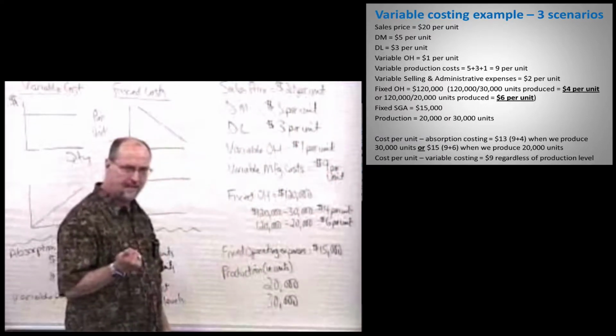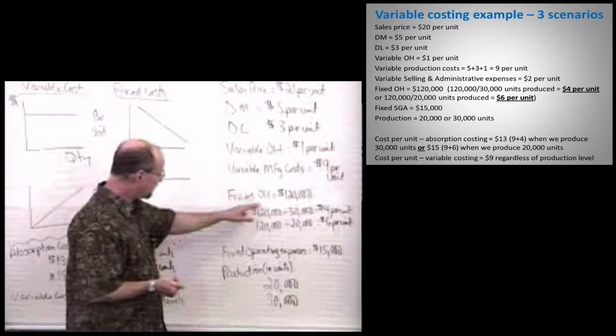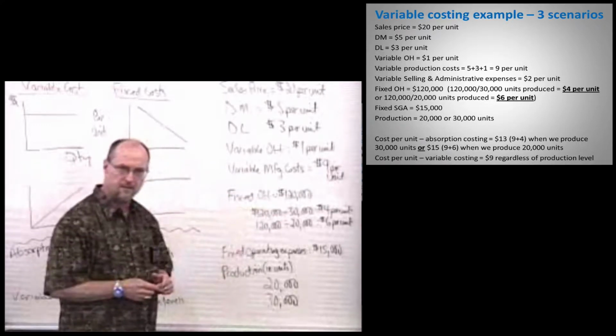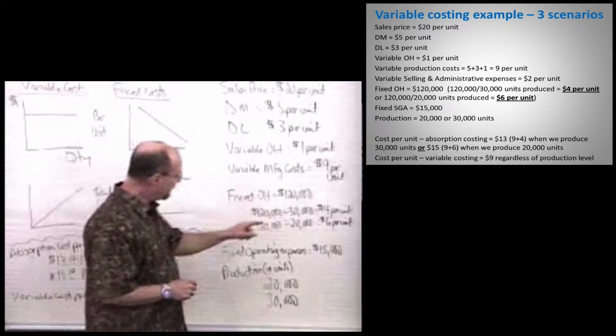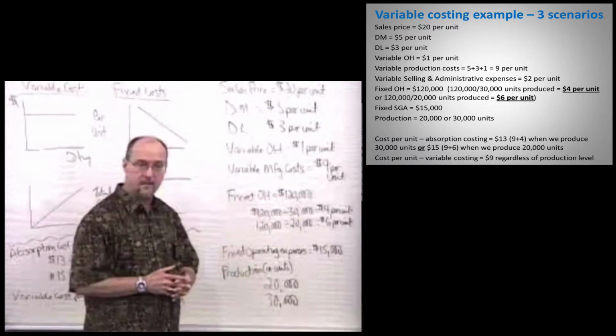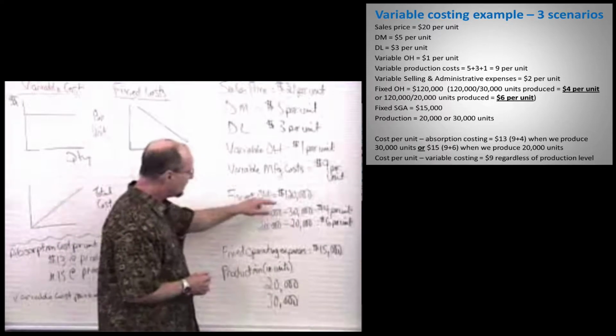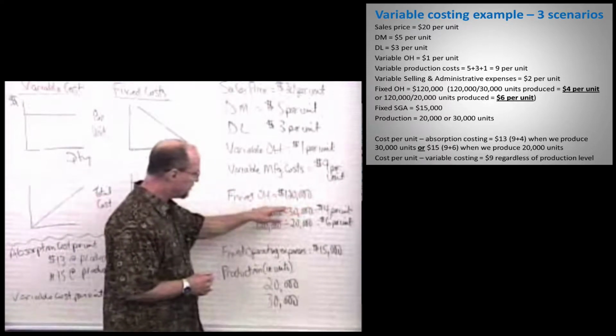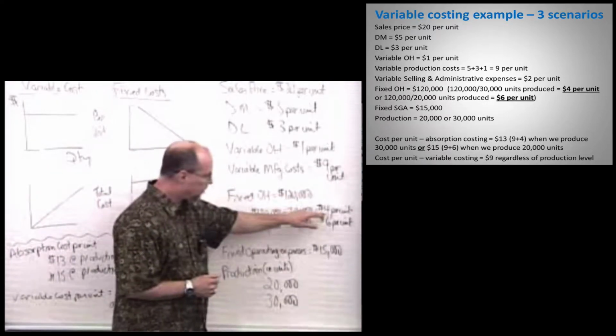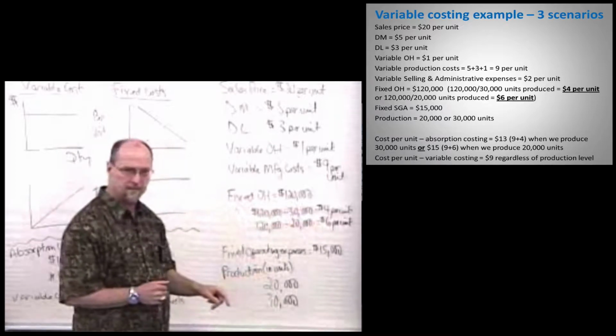Fixed overhead in total is $120,000. If we manufacture 30,000 units, then 120,000 of total fixed overhead costs divided by 30,000 units, our fixed overhead cost per unit will be $4.